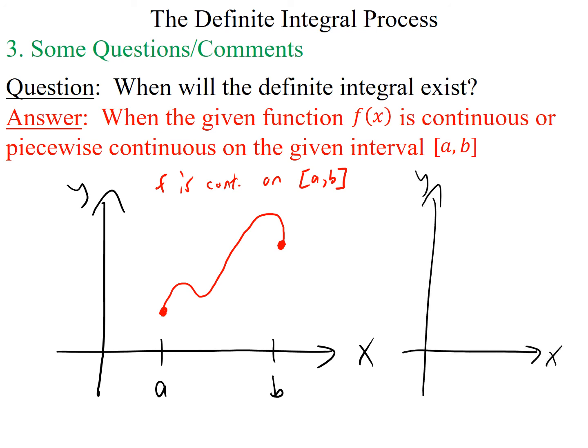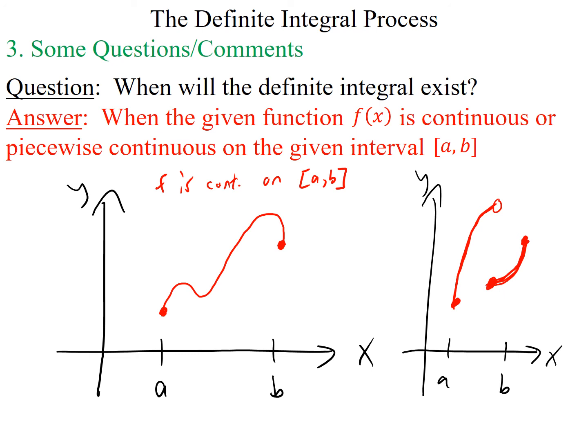Let me try to squeeze in an example of a function that's not continuous on AB. If the graph looks something like this, I couldn't draw it all the way from A to B without taking my pen off the paper. You draw from A to this circle, and then you have to take your pen off and go over here to continue. That would not be continuous, for example. But the second example is actually piecewise continuous.